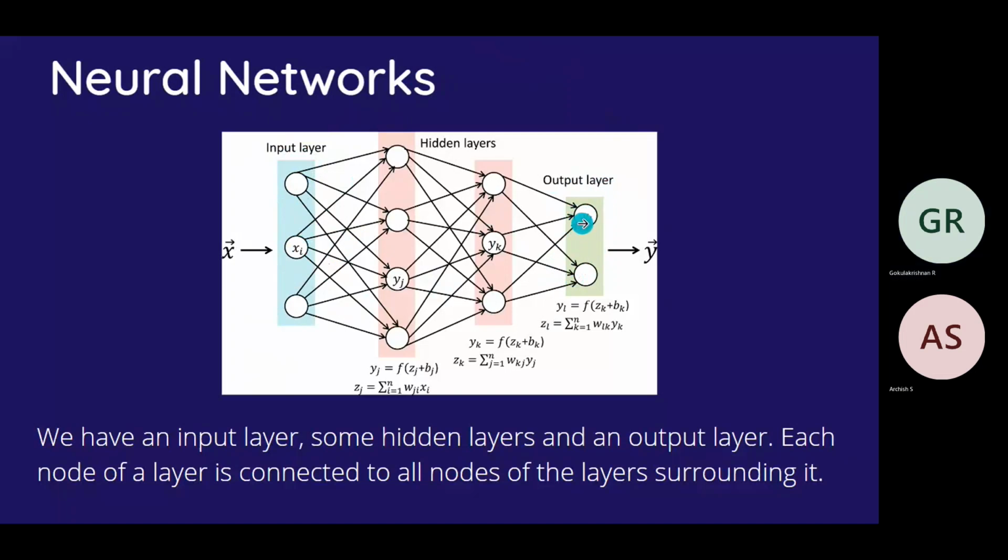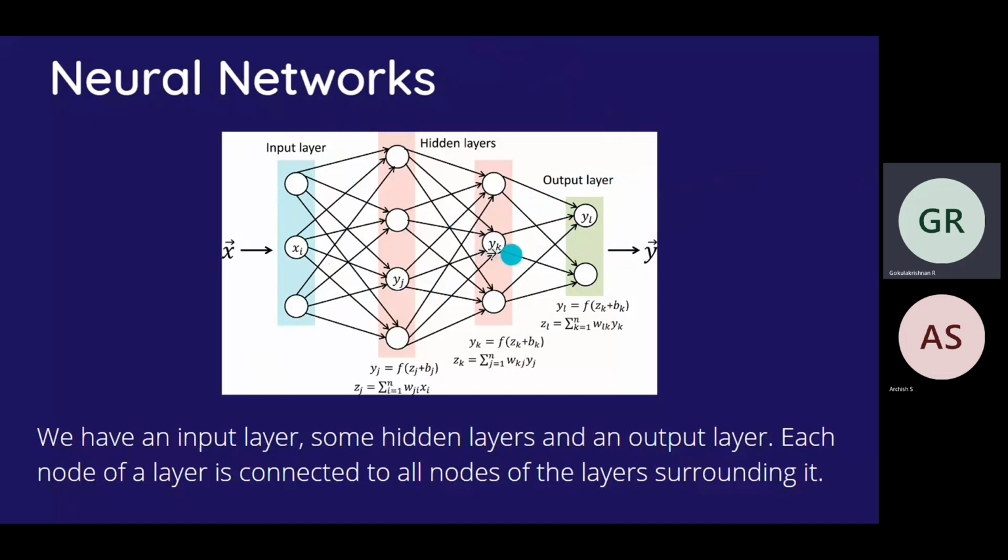In which cases do you think we might have multiple nodes in the output layer? Something I can think of is if you're trying to make a model which classifies whether a mail is spam or genuine, that will have two nodes: one is spam and one is not spam. So it's a binary classification problem.